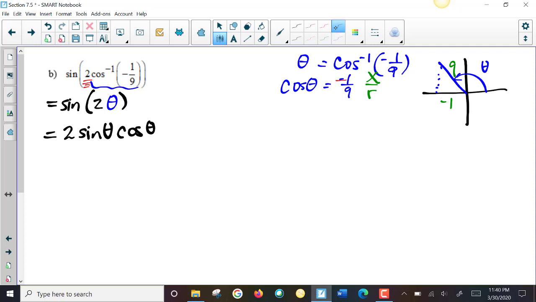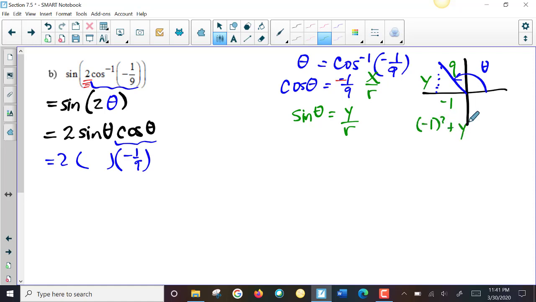I know cosine of theta here is -1/9. So to evaluate this, I now need the sine of theta. So for sine of theta, I need y over r. So y, I need to find y. Once again, Pythagorean theorem.